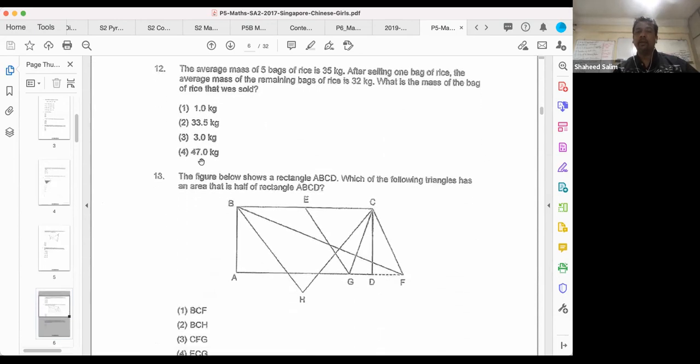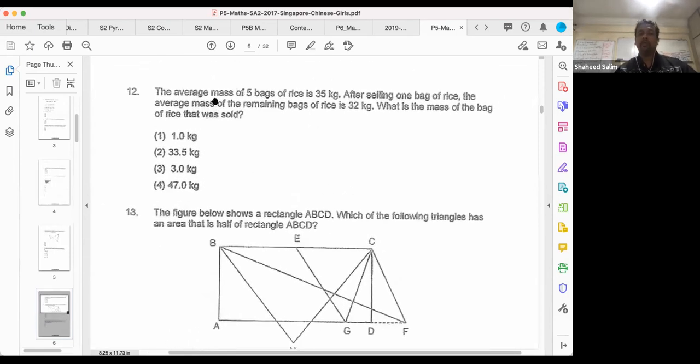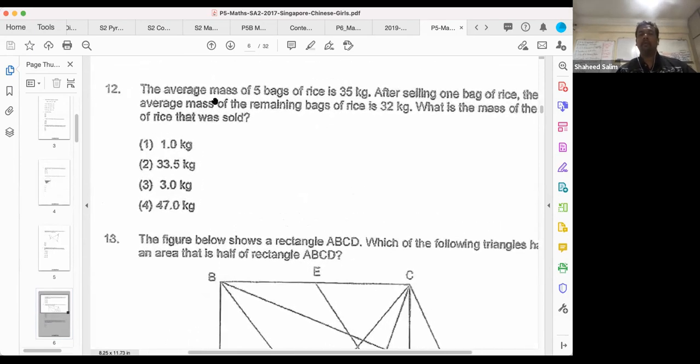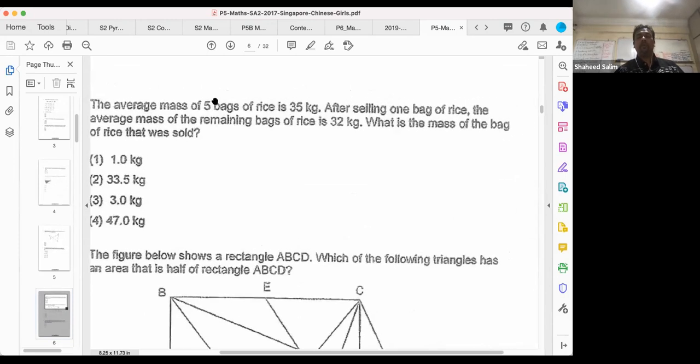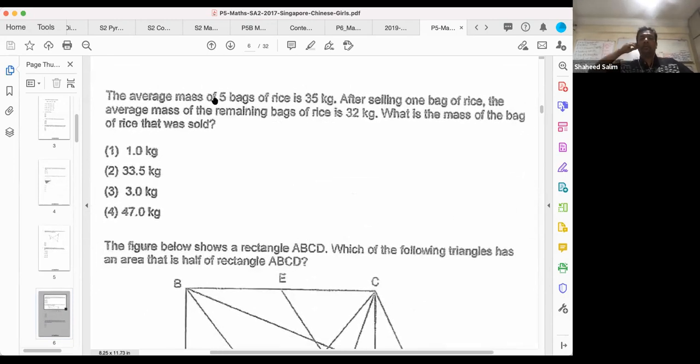Yeah, algebra. This one, number 12, please. You must understand what they're saying. The clue is total. The clue is total in both cases.